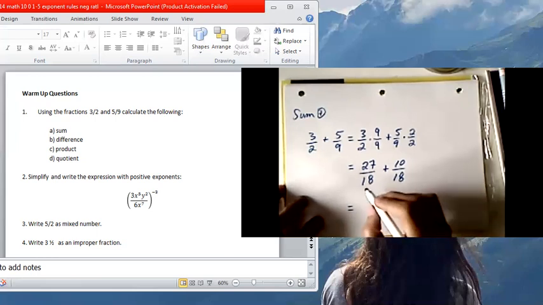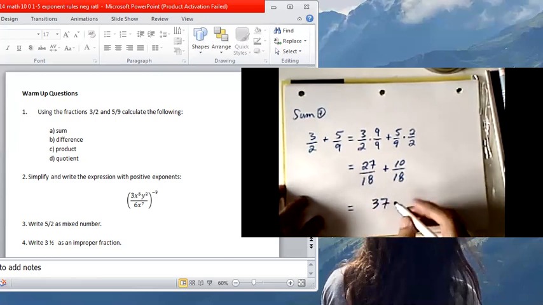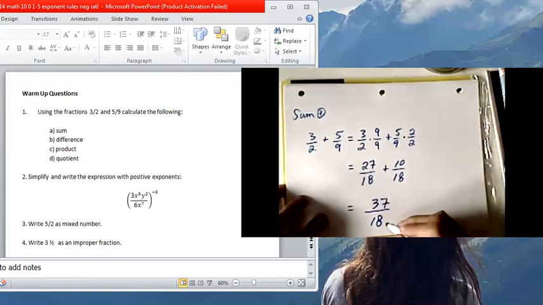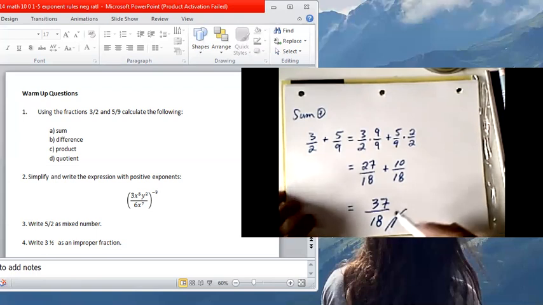And that will be over the denominator that you see in both those places, 18 only, okay? You combine the tops together, but the denominator, the bottom, stays the same as 18. And that creates the final answer, the sum for those two fractions there.